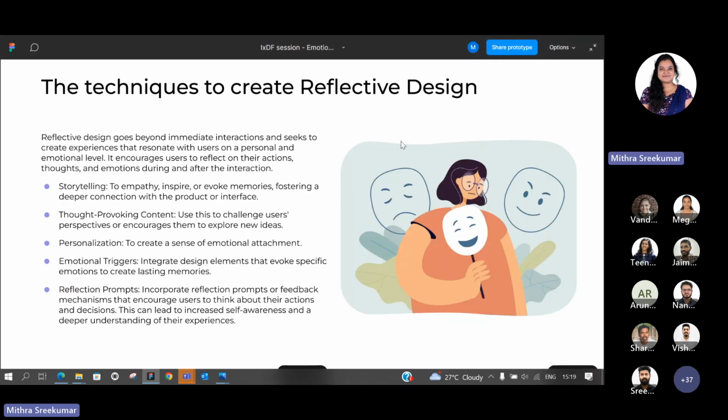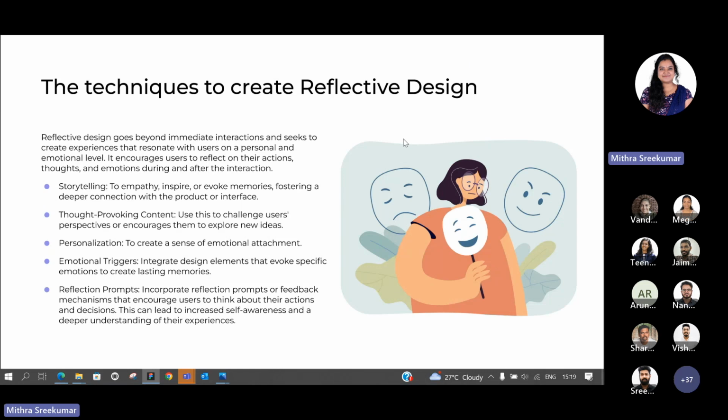So, coming to the reflective design, as I said, it is very important to create that long-lasting relationship with the application for the user. If the user is having a positive result from the application, he will definitely use the application more often. And also in this competitive world, a user who is having an application always has a competitor.